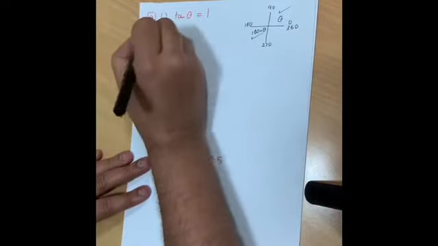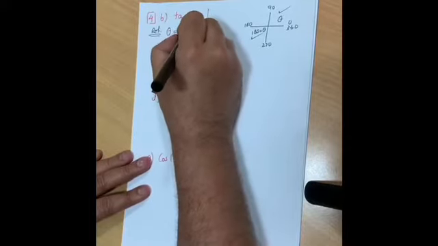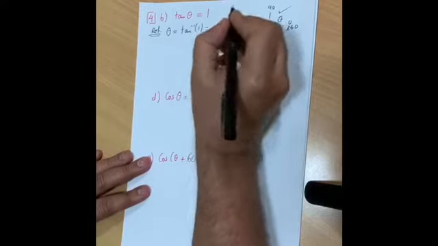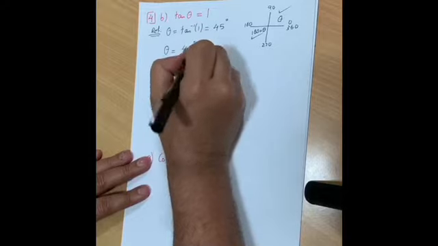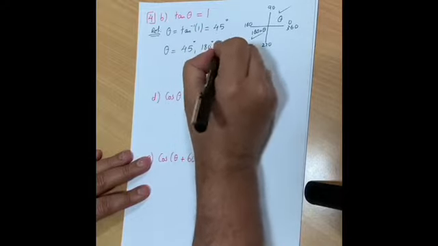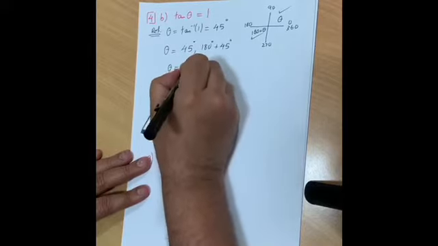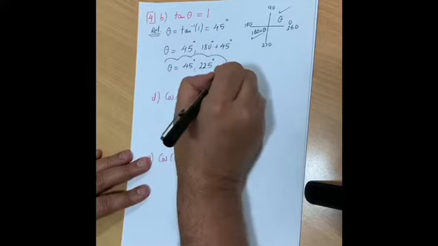First of all, you find the reference angle: theta equals inverse tan of 1, which is equal to 45 degrees. So theta on the first is 45 and on the third is 180 plus 45. So the angles are 45 and 225.